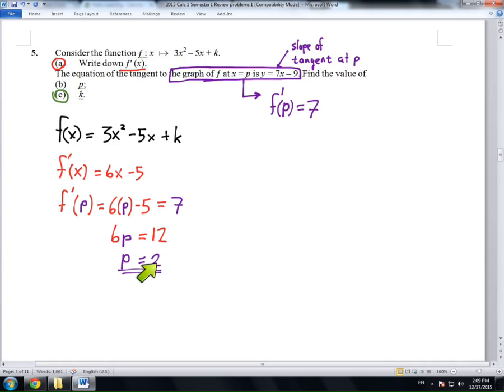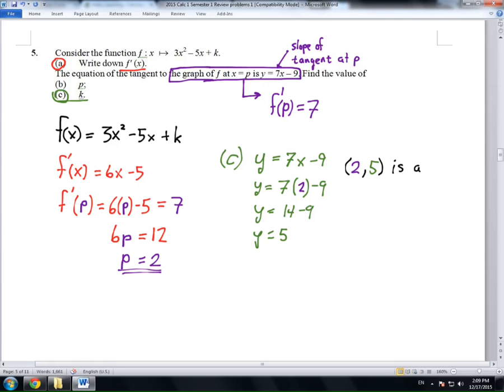So in other words, when x is 2, the slope of the tangent line is going to be 7, and now I need to find the value of k. Well, here's one thing I know, that when p is equal to 2, I can find the point on the tangent line. So y equals 7 times 2 minus 9, y equals 5.